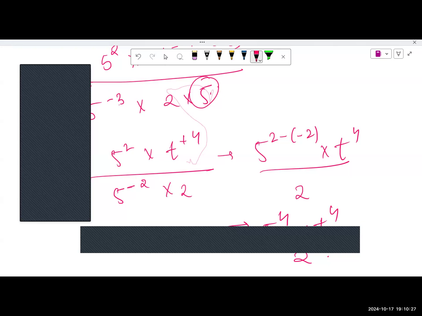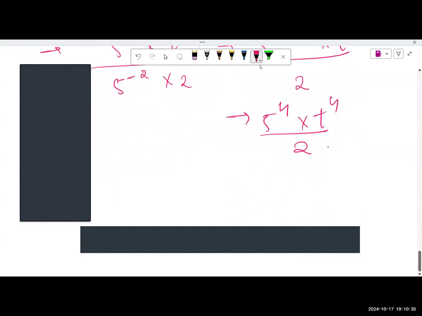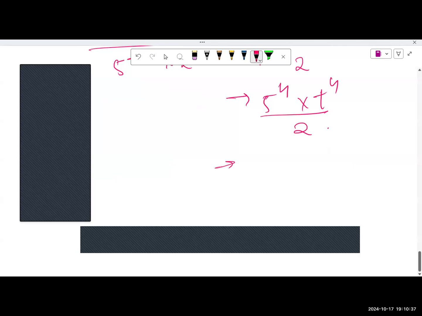See, you have one 5 also, right? Yes, ma'am. So that is why you got 5 to the power minus 2. Then you can solve it. What is 5 to the power 4? 25 into 25, 625 into t to the power 4 upon 2. Okay, this is your answer.